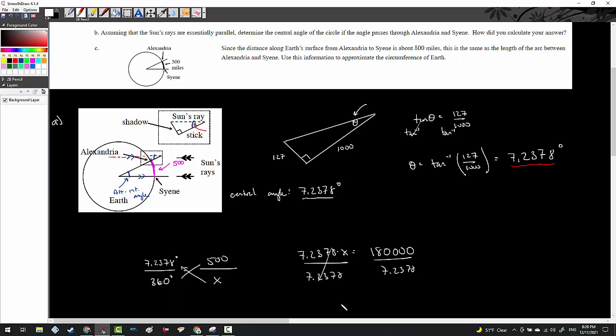7.2378. So the circumference of the Earth should be approximately 7.2378. Syntax error, I put two dots. Boom. 24869.435 miles. So not bad, considering he had no technology on him to calculate the circumference of the Earth.